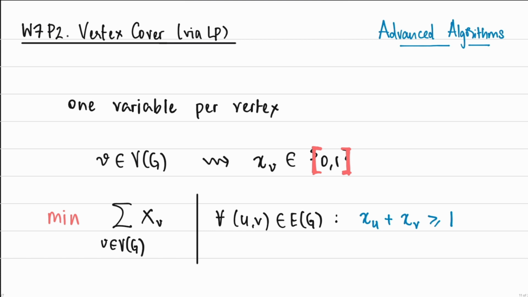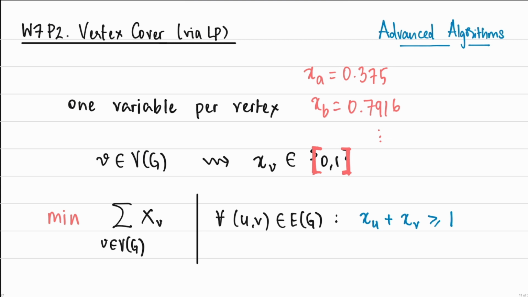So once we do this, of course, the solutions that we obtain to this relaxed LP don't cleanly correspond to vertex covers as they did before, because, for example, now you might have a solution which says xa equals 0.375 and xb equals 0.7916 and so on. So what do these numbers mean?